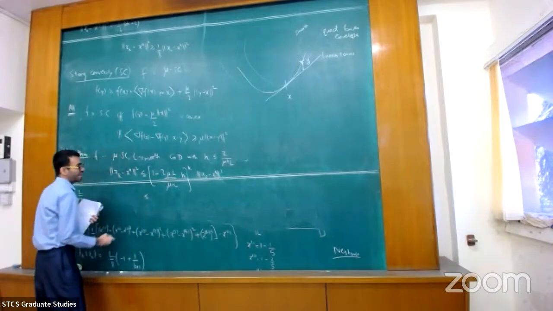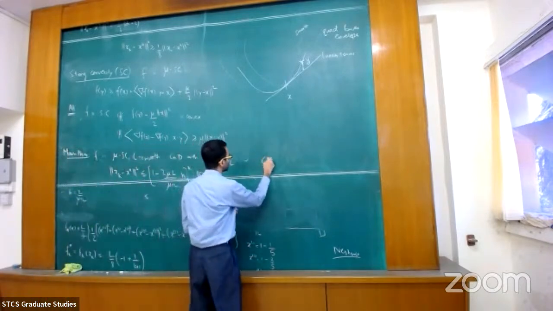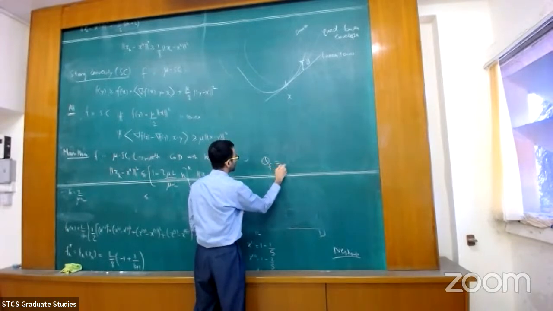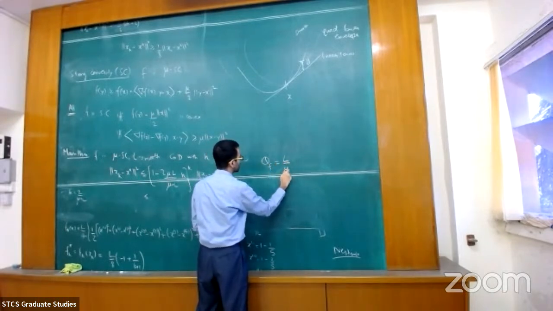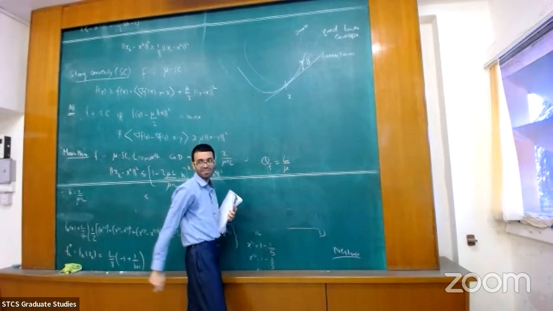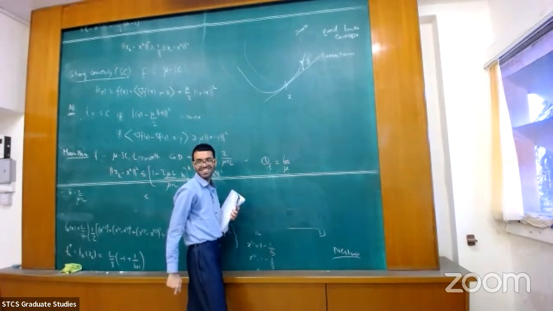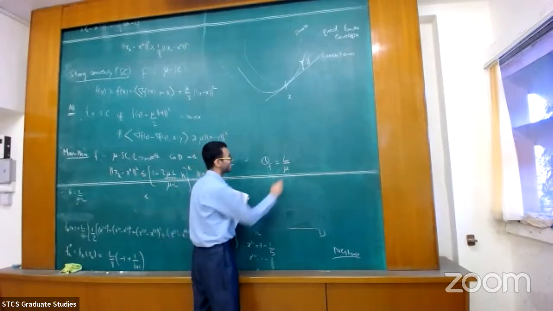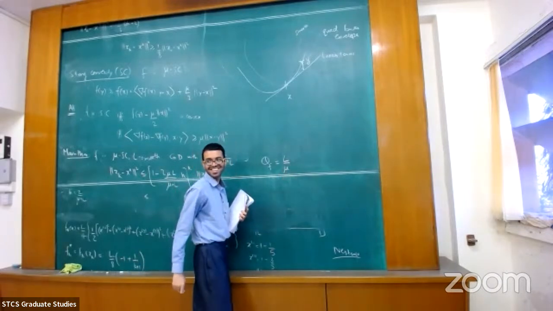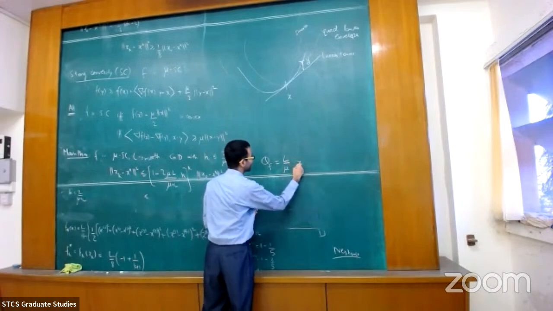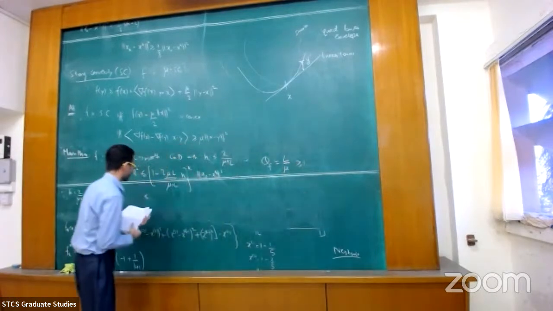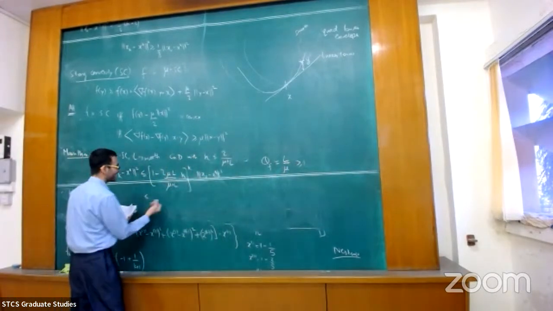Let me define the condition number. The condition number of the function is defined as L over mu. Is it more than 1 or less than 1? Greater than 1.